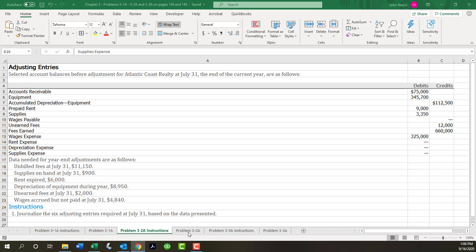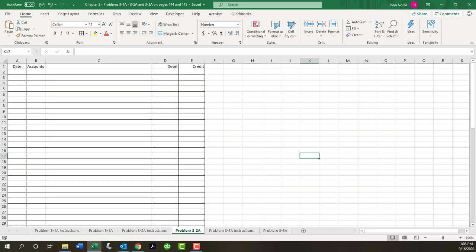And the solution is going to be on this one, it says selected account balances before adjustment for Atlantic Coast Realty at July 31st. The end of the current year are as follows. So this date is July 31st.